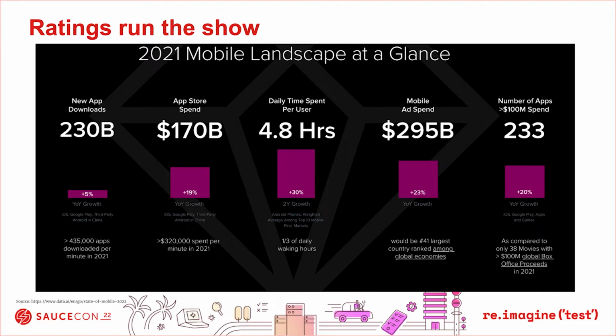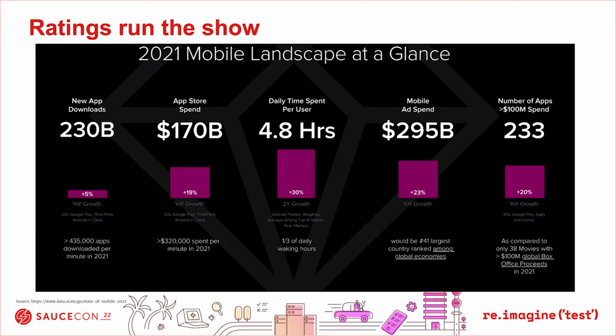First of all, the mobile landscape at a glance. It's fun to look at the data points that the data.ai guys thought were particularly interesting. Compared to 2020, 2021 was of course still a pandemic year, but we see a lot of growth. App downloads, not that much, but App Store spend is going up a lot.